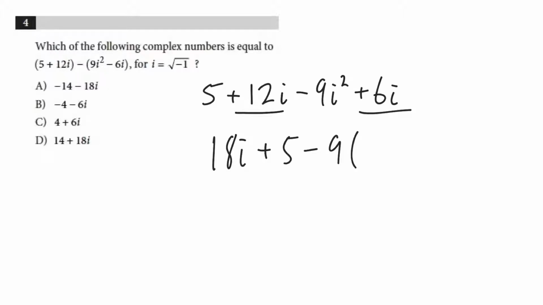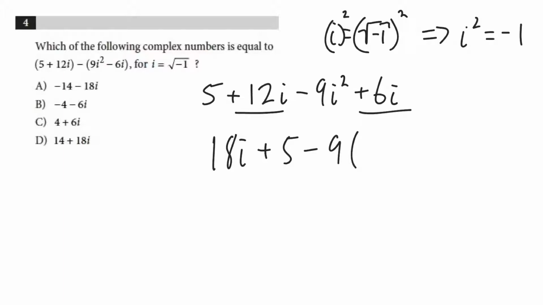Now, i squared, if i equals the square root of negative 1, and we square both sides, well, then we see that i squared equals the square root of negative 1 times the square root of negative 1, which is just negative 1. So that's going to turn into negative 1. Okay.